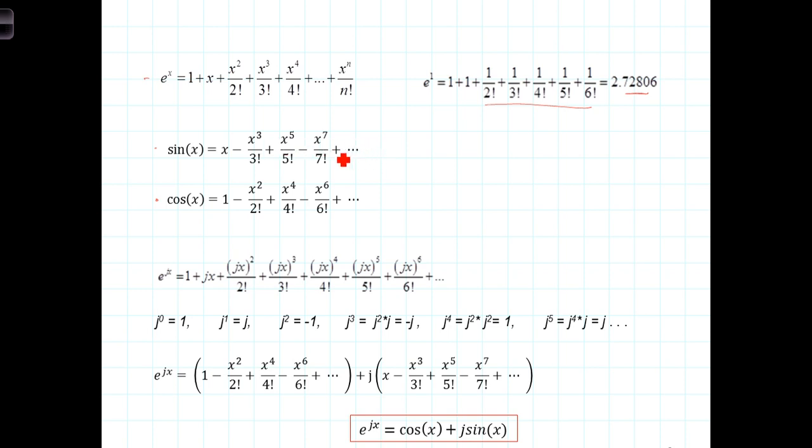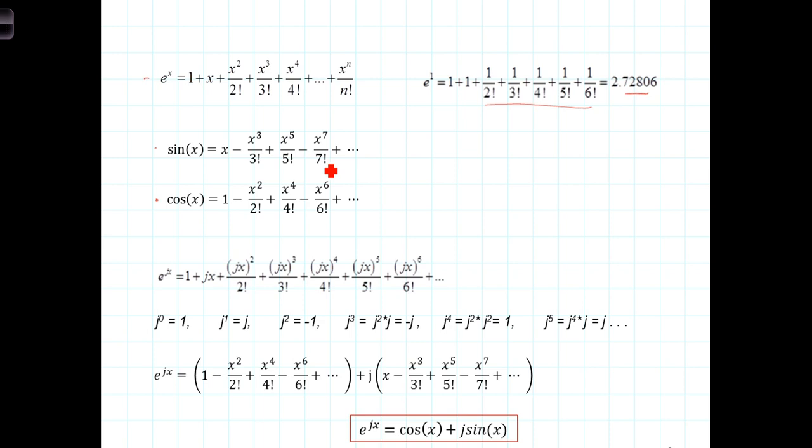That, by the way, is one of the reasons that the sine function is referred to as an odd function. Another point to observe is that the signs alternate. We have a positive sign, negative, and so on. And then the denominator is simply factorials of the odd powers. So 3 factorial, 5 factorial.